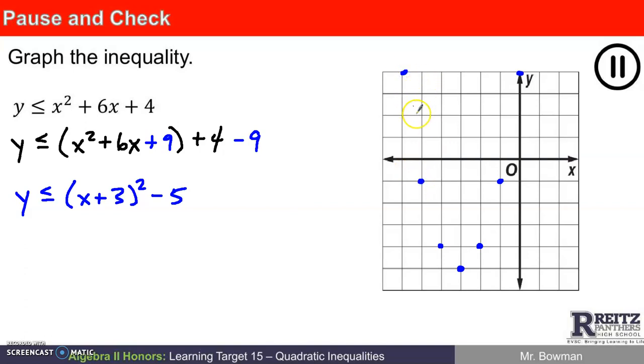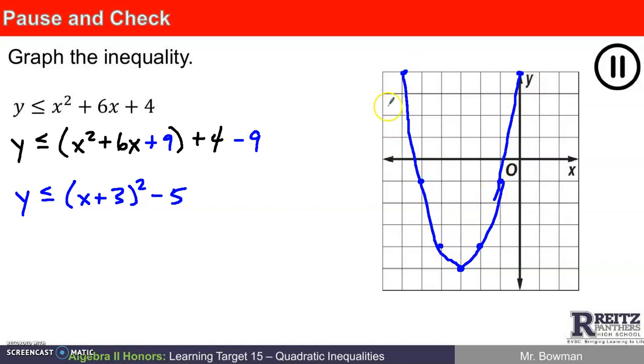And the graph should look something like this. Now this is a less than or equal to inequality. So I want to make sure that the boundary line is solid this time. So there's our boundary line. Where do I need to shade? Well, I need to shade all the y's that are less than or equal to the boundary line. Now, the y's are equal to the boundary line when they're on the line, so that's why we made the solid line.